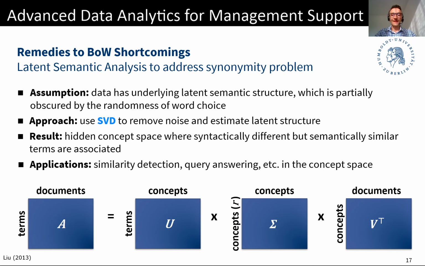And we can reduce that, so that what's often done is that we don't really use these three matrices as they are, and rather we approximate the original document term matrix by reducing the dimensionality of our matrices U and V and sigma. In sigma you have the singular values ordered from the most important one to the least important one.